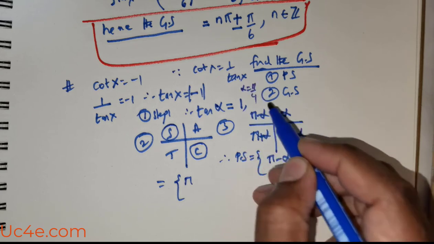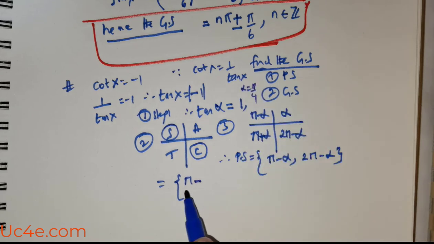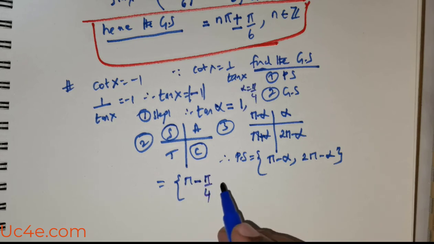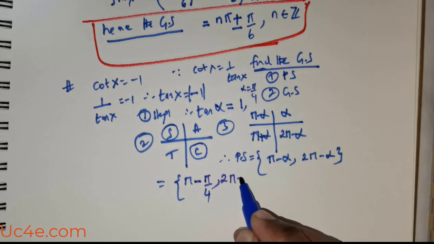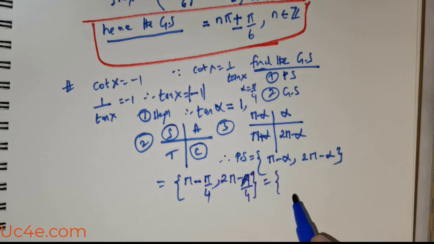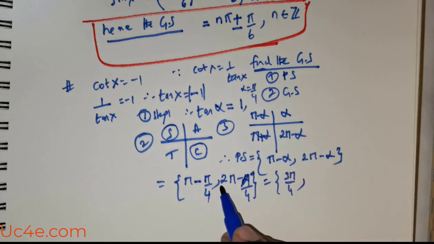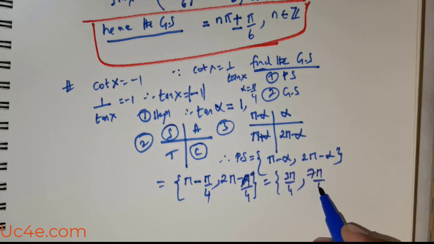Because that's 45. So that's going to be pi negative pi over 4 comma 2 pi negative pi over 4. So this is equal to 3 pi over 4 and 7 pi over 4. So I will take one of these values for obtaining the general solution.